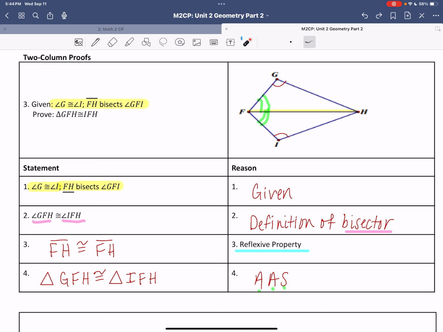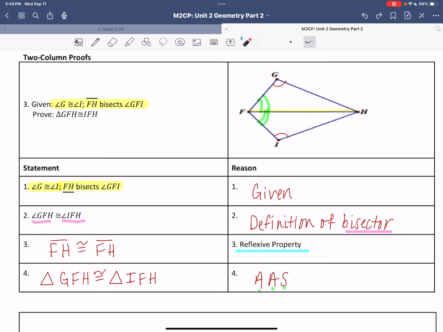All right, so then the next step we have to prove that one triangle is congruent to the other is FH. Well, it's a bisector, but also this is congruent to this. And if you notice, they both share this line right here. So we're saying FH is congruent to FH, which is your reflexive property, meaning it's congruent to itself.